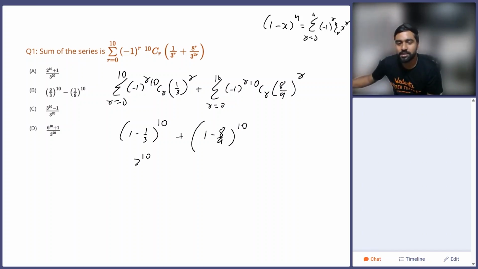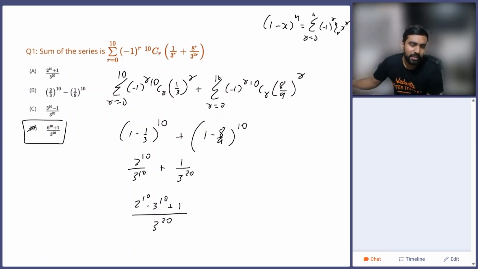So this is 2 power 10 upon 3 power 10, plus 1 upon 9 power 10, or 1 upon 3 squared power 10, which is 1 upon 3 power 20. LCM is 3 power 20, and you have 2 power 10 into 3 power 10 plus 1 divided by 3 power 20. That's 6 power 10 plus 1 upon 3 power 20. Option D will be the answer for this question.